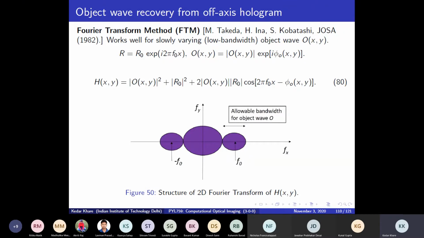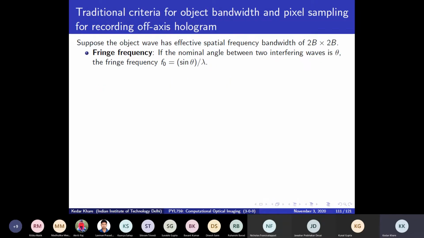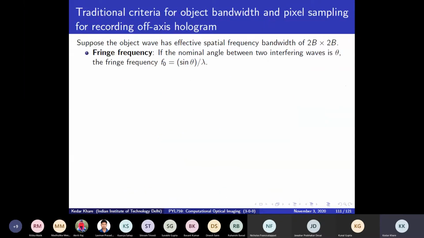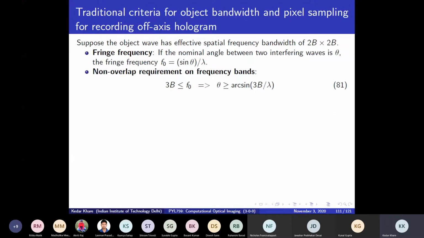We don't want the central lobe and the side lobe to overlap with each other. So if our object wave has a bandwidth of 2b by 2b, then the fringe frequency f0 that we choose must be larger than 2b plus b, which is 3b. So we need 3b to be less than or equal to f0.